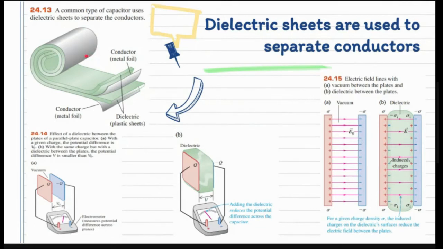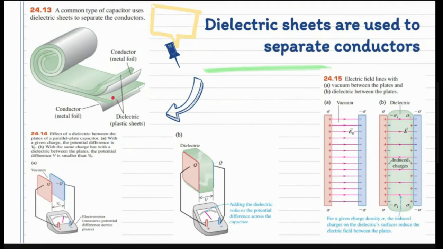They are parallel sheets, but formed into a cylindrical shape. In this illustration, we have the conducting material, the metal foil, and between the two conducting materials is a dielectric material, in this case a plastic sheet.